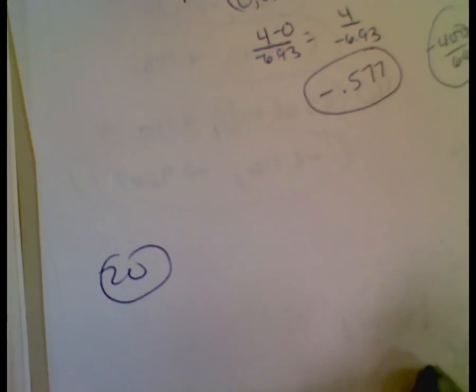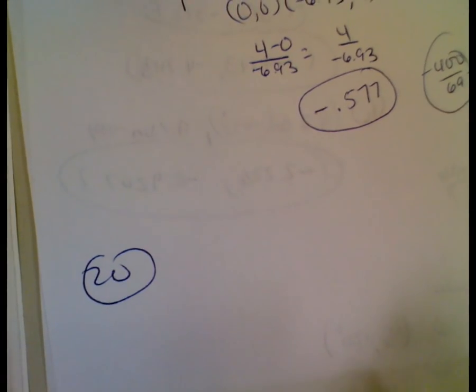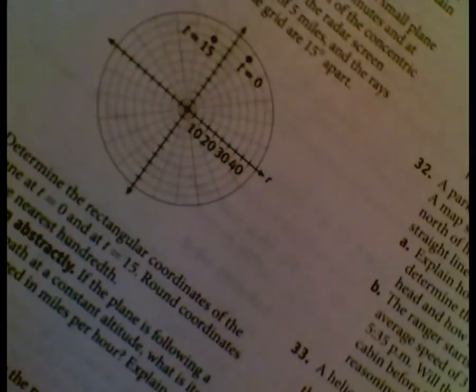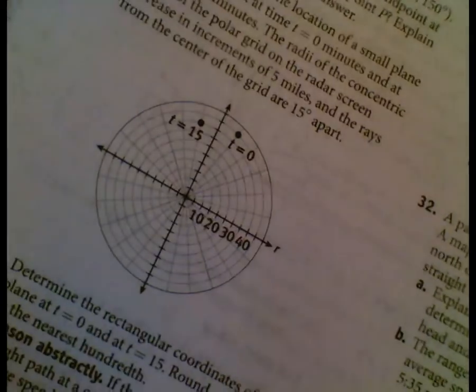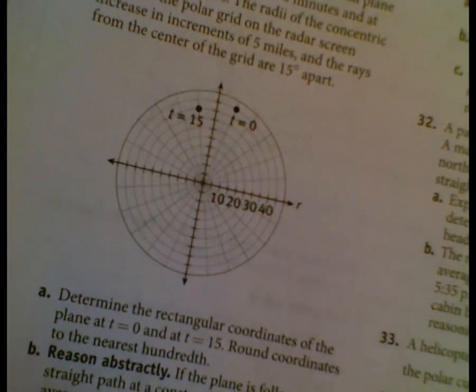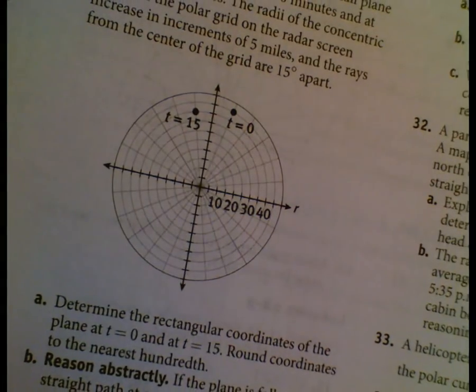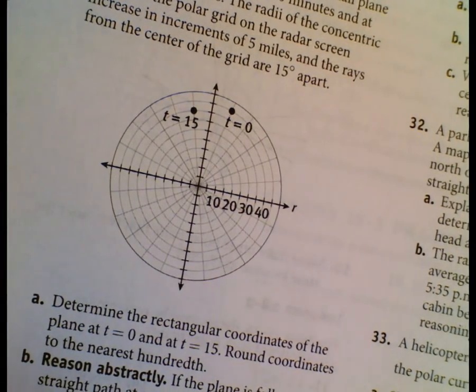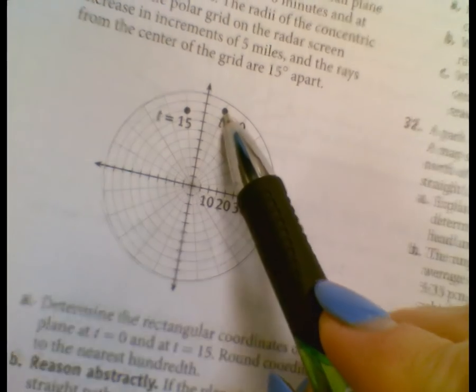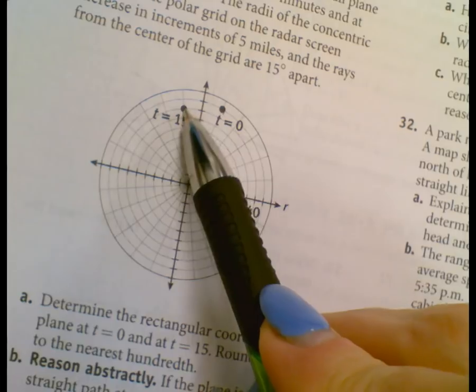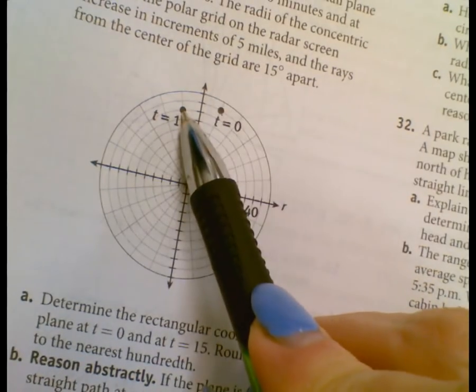20. The diagram shows the location of a small plane on a radar screen. So here's the picture. It says at time t equals 15 minutes. So at t equals 0, the plane was here. 15 minutes later, the plane has moved this direction.